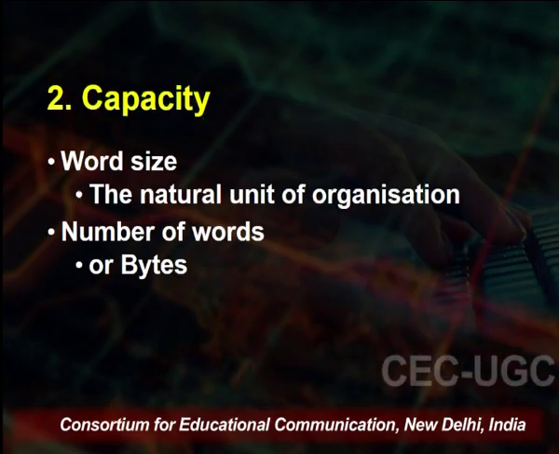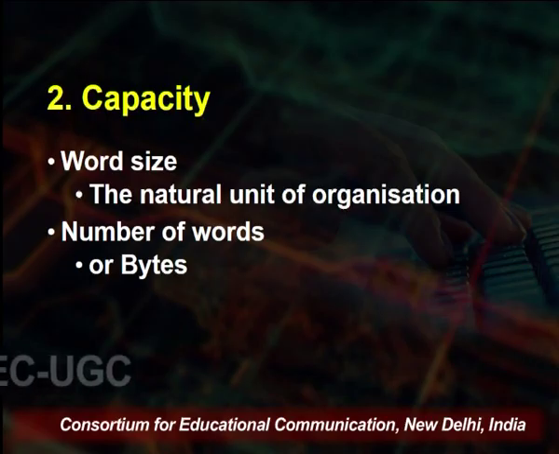Words are a combination of bytes together, and usually a structure of 8 or 16 or 32 bytes is what we look at for the internal. Whereas when we talk about external capacity, we've seen devices going as high as a number of gigabytes or terabytes. These are the units that are very commonly used as we go to higher capacity of external storage devices.